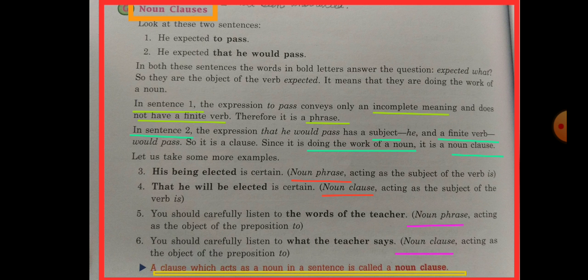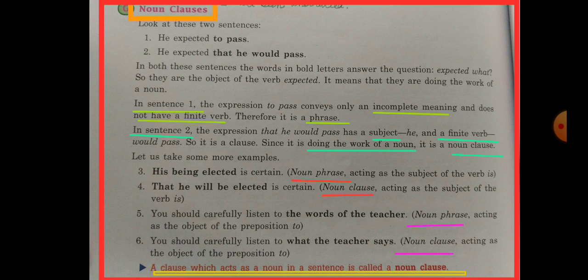But here in the first sentence the bold letters are not a clause because they don't have a subject and a finite verb. So it is a phrase. Here, to pass is a noun phrase. But in the second sentence, he expected that he would pass. Now, he expected what? That he would pass is the answer to what. So here it is a noun.